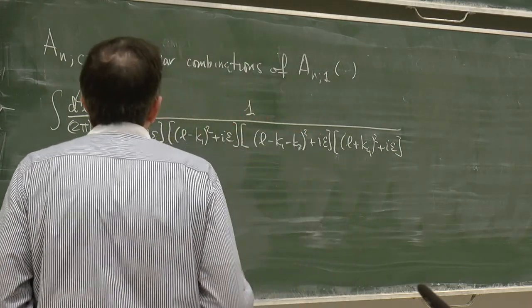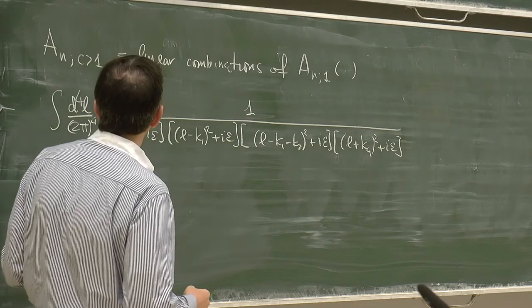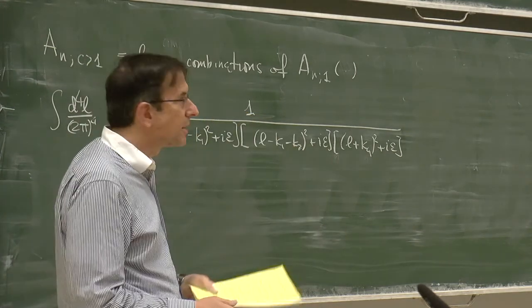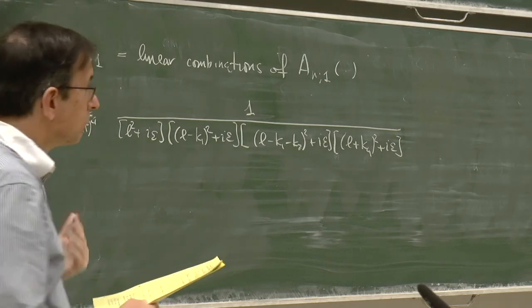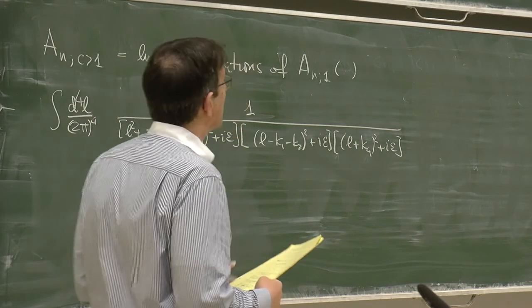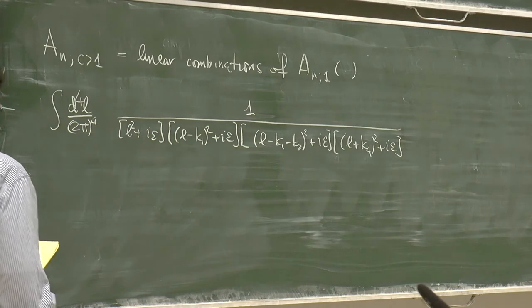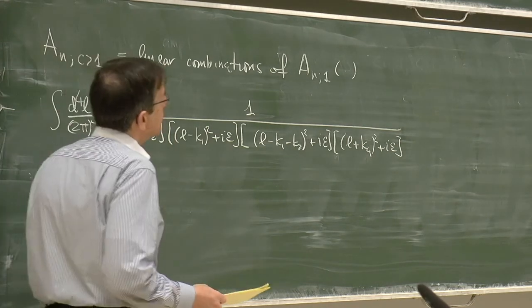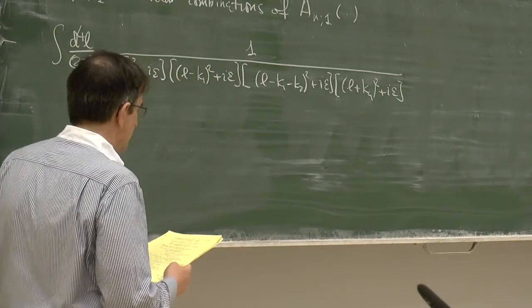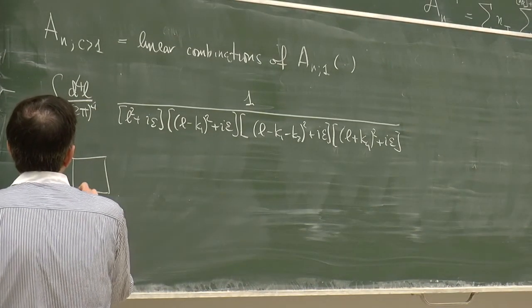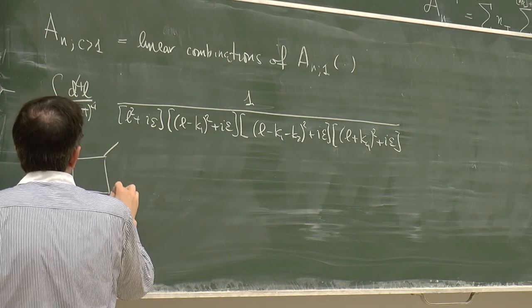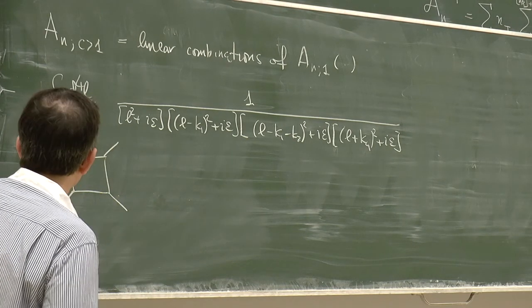So I'm actually going to be lazy and drop the i epsilons going forward. They're always going to be implicit. They are implicitly important, although they're not going to be explicitly important in anything we do. And it's convenient, actually, to learn how to go back and forth between this and graphical representations.